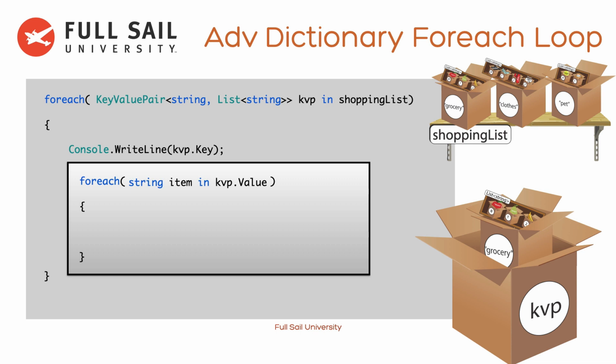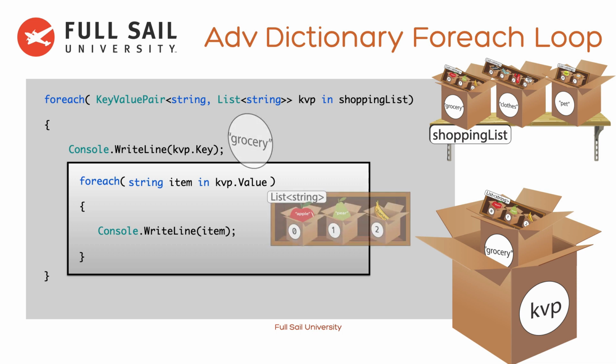So now we're creating this loop inside of a loop, which confuses a little people, but we'll try to go through it as much as possible. Inside of our for each loop, I'm just going to have that console.writeLine with a temporary item. So what does it look like? When we first start it up, the kvp.key is going to be grocery, because that's our first element inside of our dictionary.